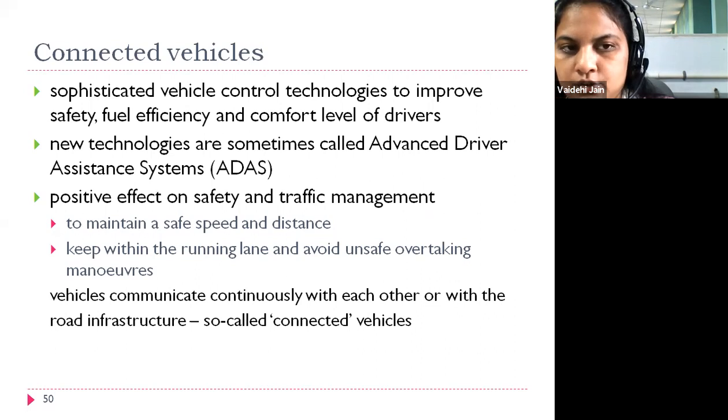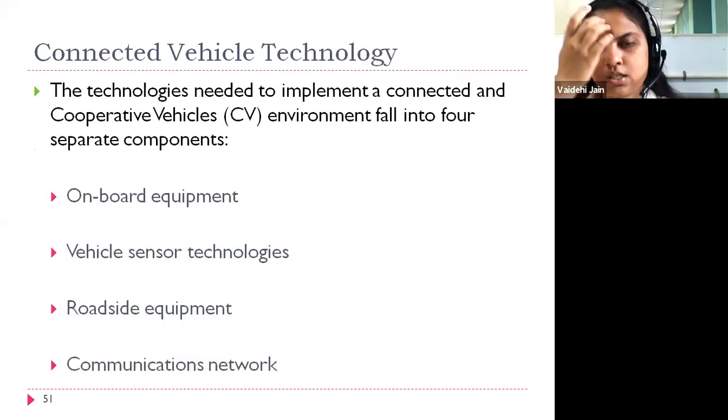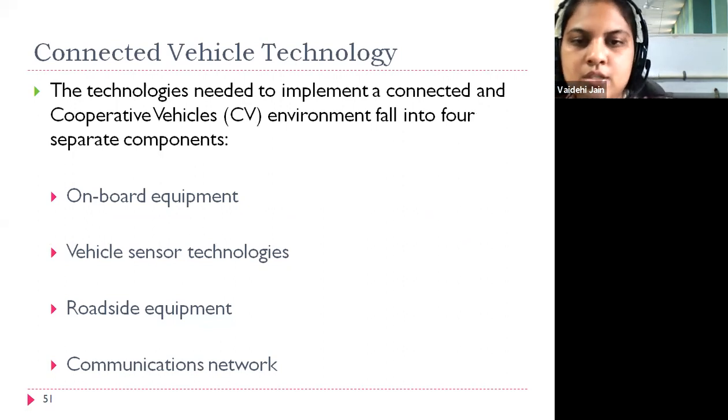Under the vehicle control technology, there are some components like onboard equipment, vehicle sensor technology, roadside equipment, and the communication network. The onboard equipment means that in the vehicle you have some equipment to sense or to get information about the other vehicles.